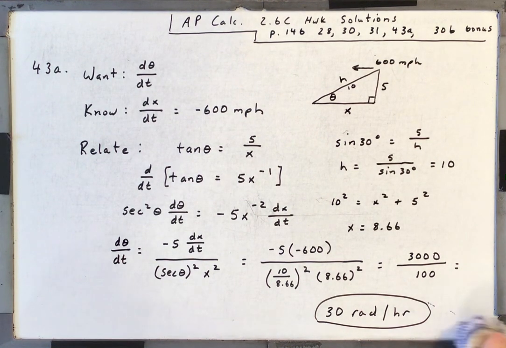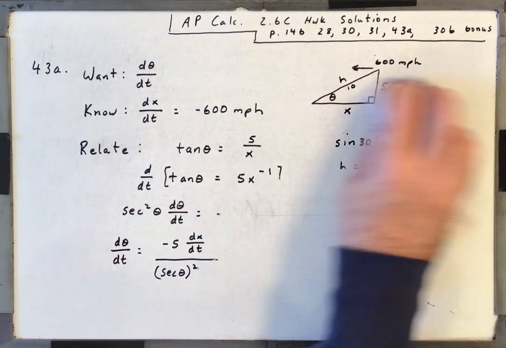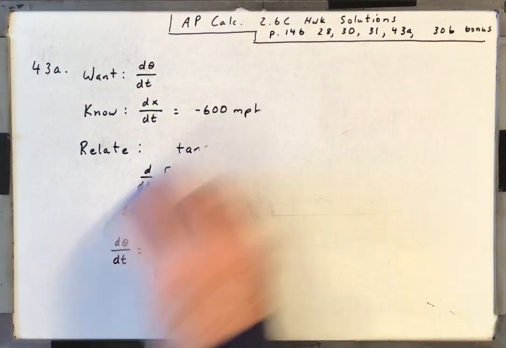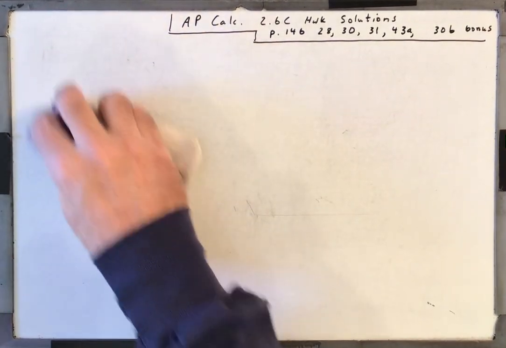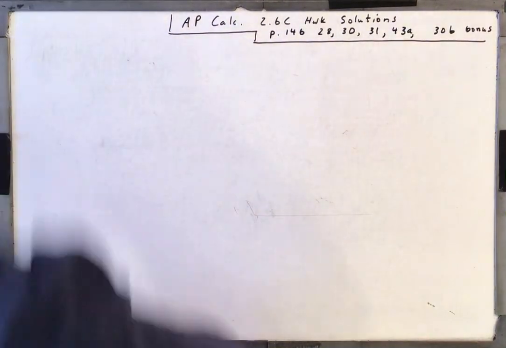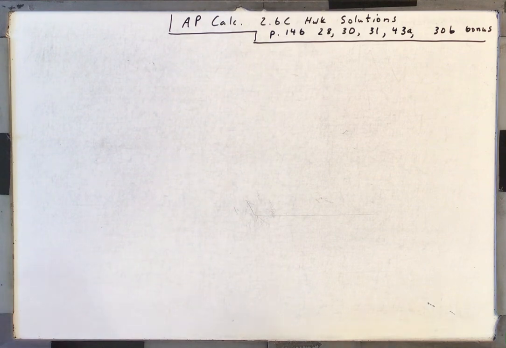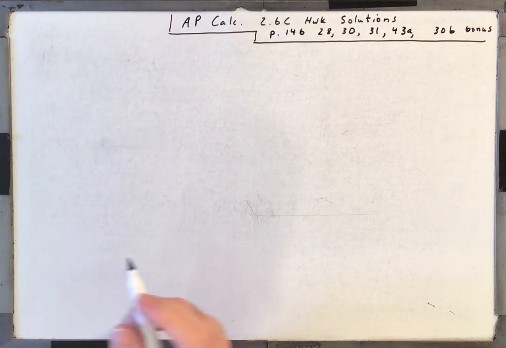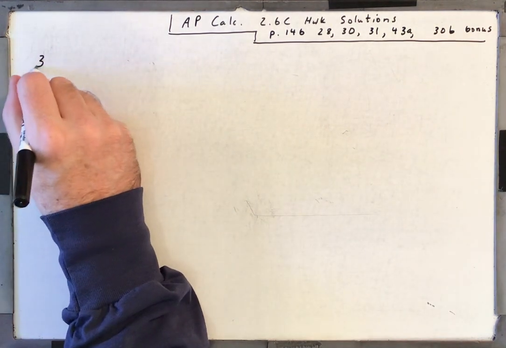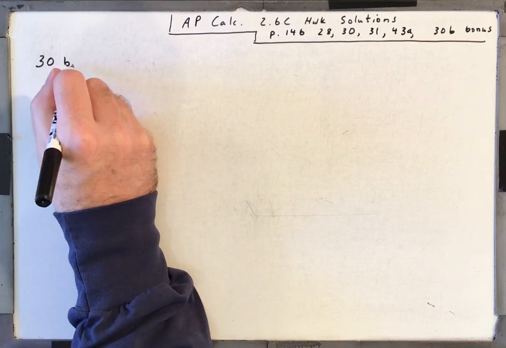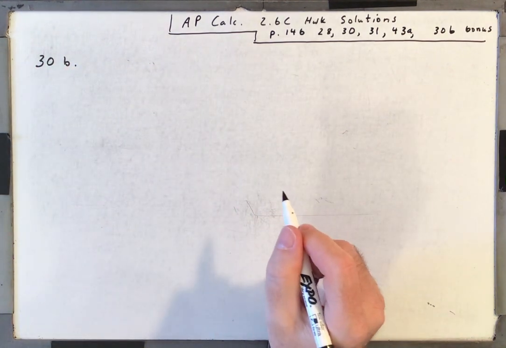All right, so I'm going to do one bonus problem here with an angle, but I want you to try it first. We're going to go back to number 30. So flip back over to number 30. We're going to call this 30B.